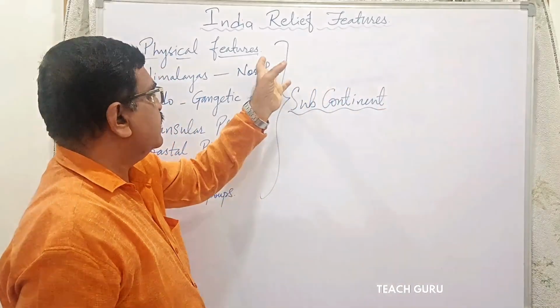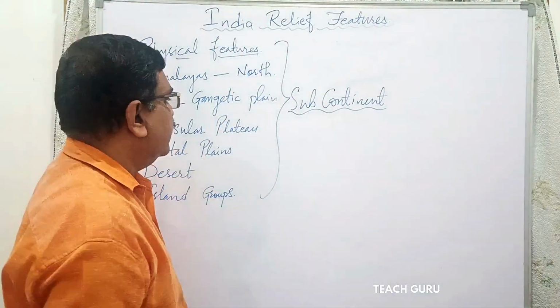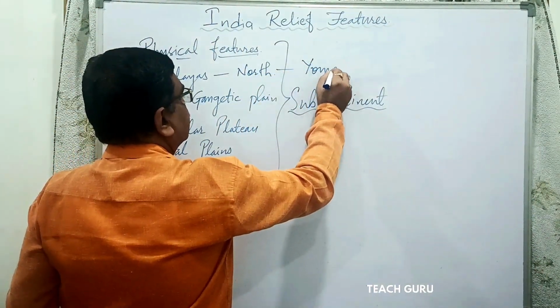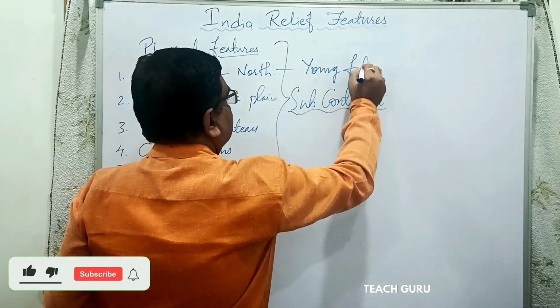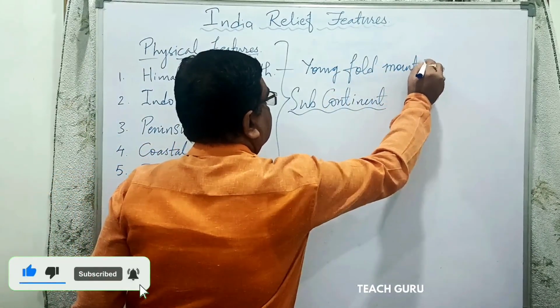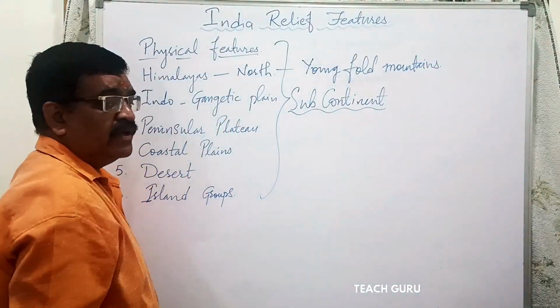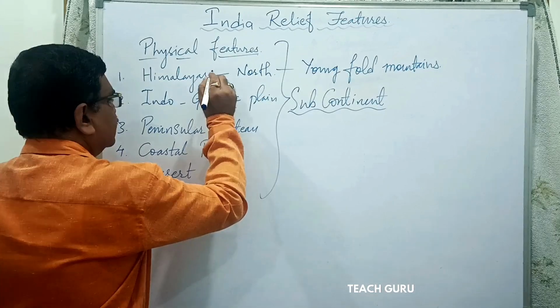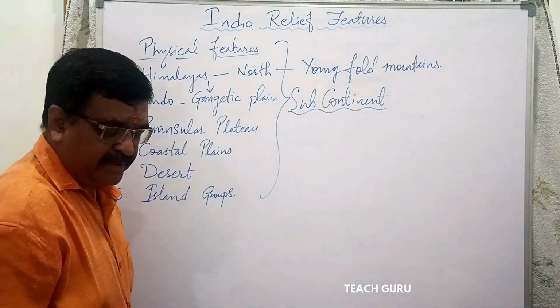At the last stage, the Himalayas were formed, and that's why the Himalayas are also known as young fold mountains.